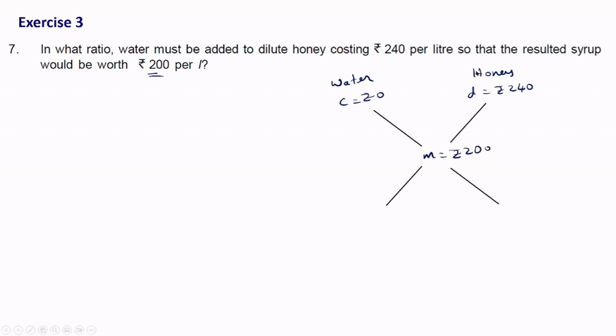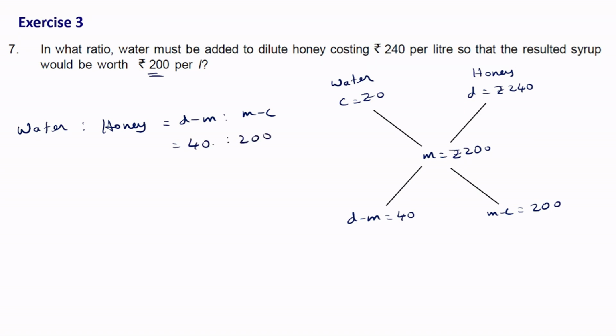So the ratio of water to honey can be calculated as D minus M upon M minus C. So this side we have D minus M, it is 240 minus 200, which is 40, and here we have M minus C, it is 200 minus 0, which is 200. So the ratio of water to honey is D minus M is to M minus C, which is 40 is to 200, or this is 1 is to 5. So the ratio in which water must be added to honey is 1 is to 5. This is the required ratio.